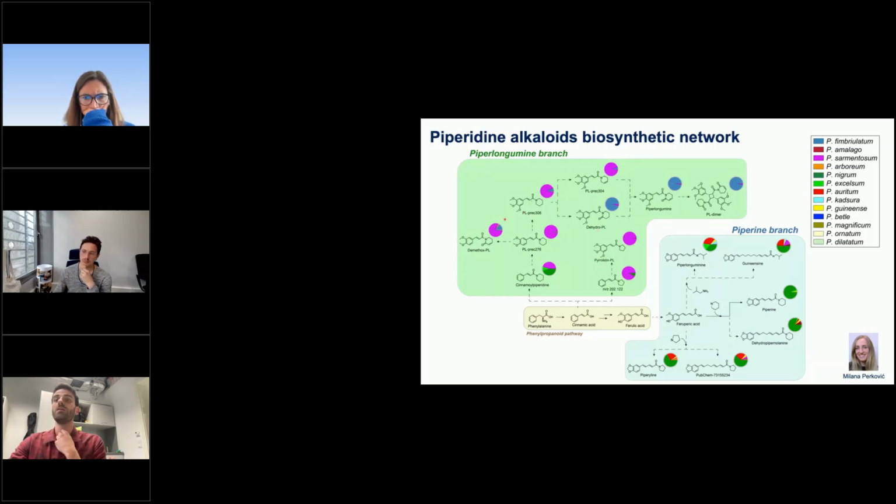For example, the blue species only show up in the piperlongumine branch, whereas the yellow, the light blue species only show up in the piperine branch.